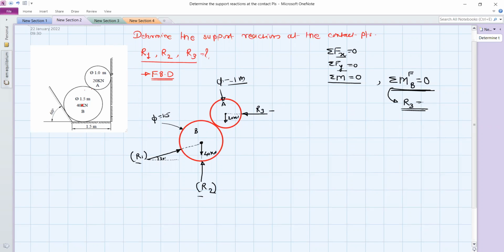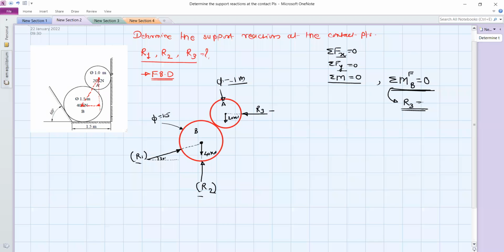Connect the center points of sphere A and B. From this point, draw one vertical line, and from the point B, draw one horizontal line.